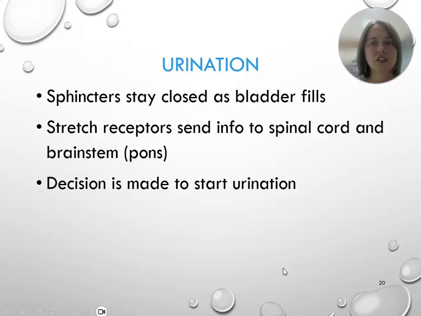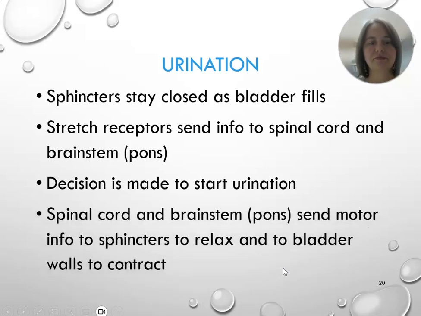Then a decision is made, I gotta go, and hopefully you find a good spot, and voluntary urination starts. When this happens, the spinal cord and the pons part of the brainstem send motor information down to those sphincters, the internal one, which is involuntary, and also the external one, which you voluntarily control.